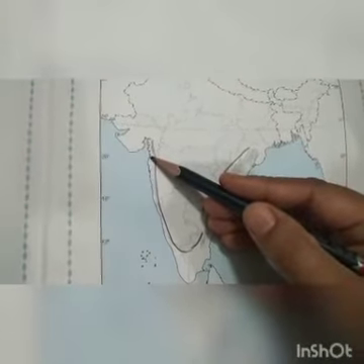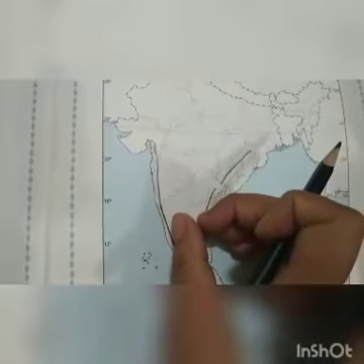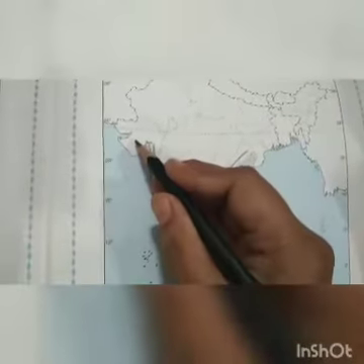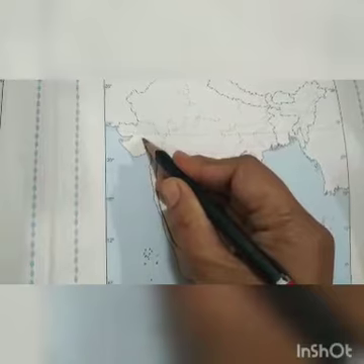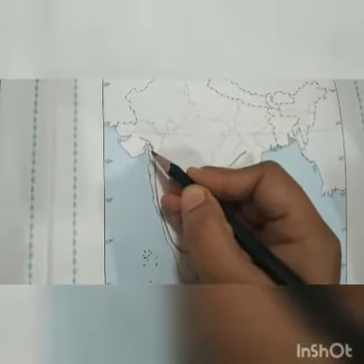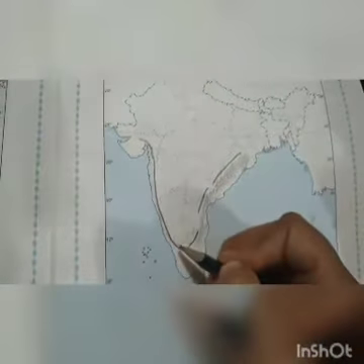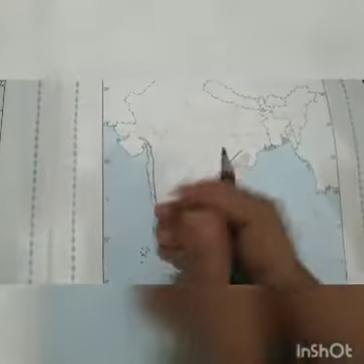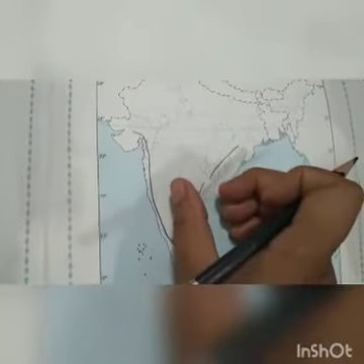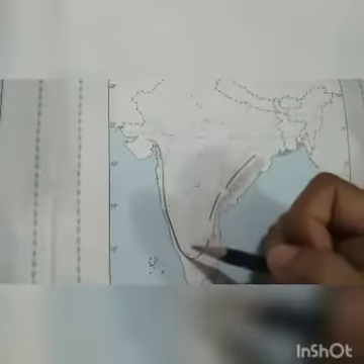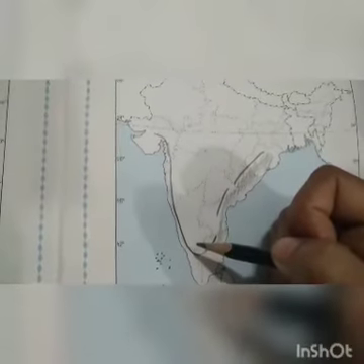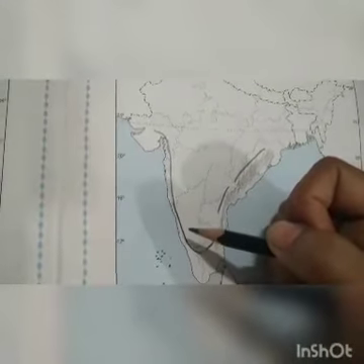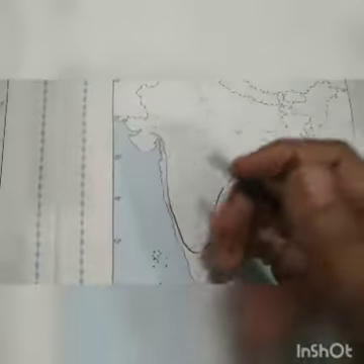So the western coastal plain is rather narrow except in Gujarat, right? So it extends from here, Gujarat, it is narrow till here except Gujarat. This is narrow and this is broader. Now, the northern part of the western coastal plain in Maharashtra and Karnataka is called the Konkan coast.